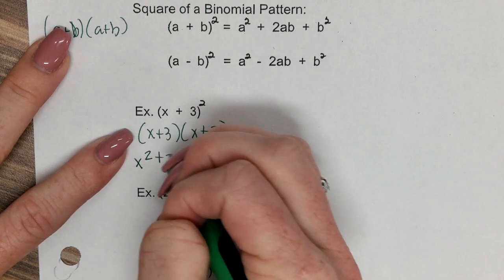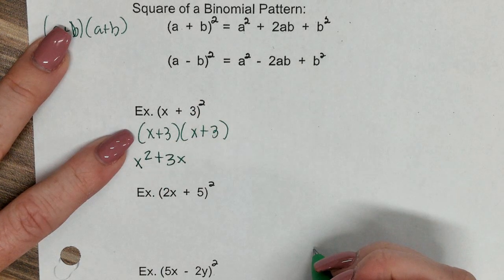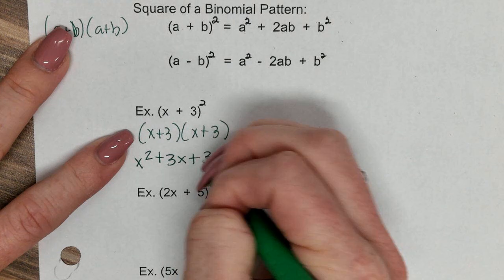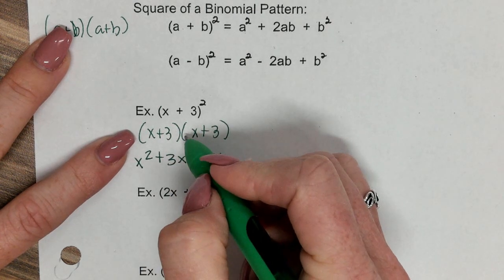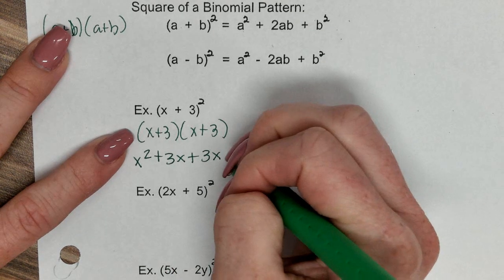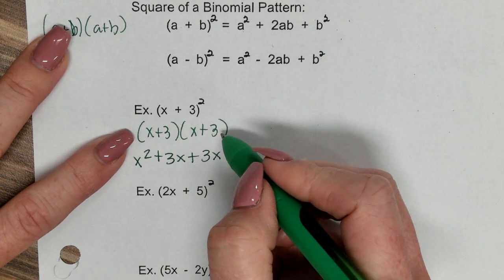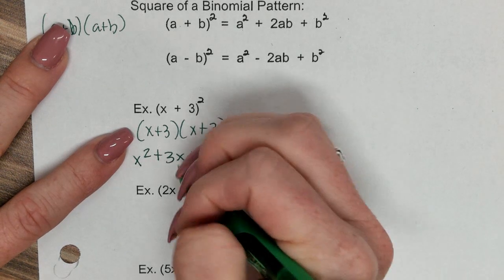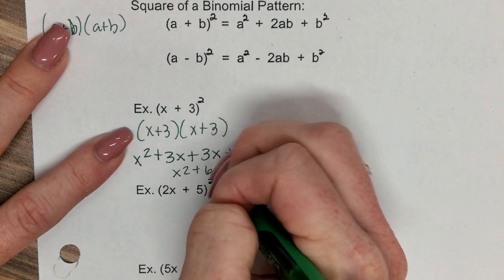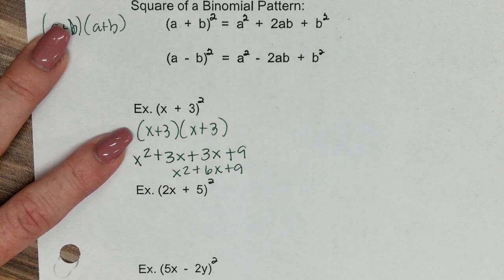Outer, 3x. Inner, 3 times x, 3x. Last, 9. All right, then I could combine my like terms, and I would end up with x squared plus 6x plus 9. Yes?